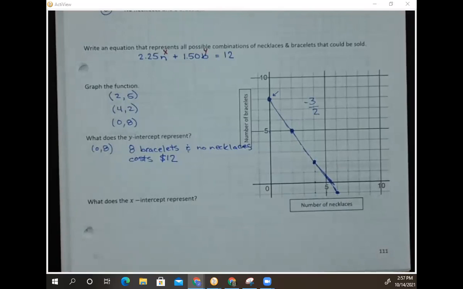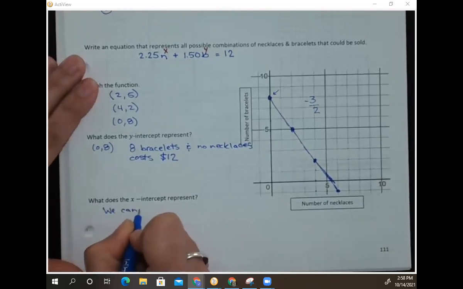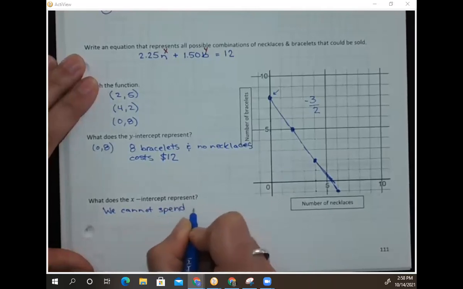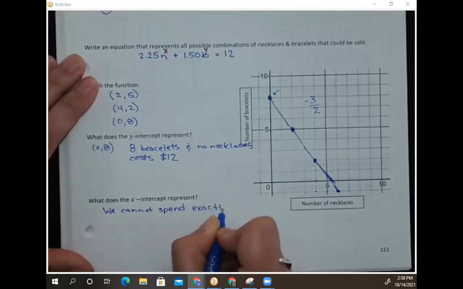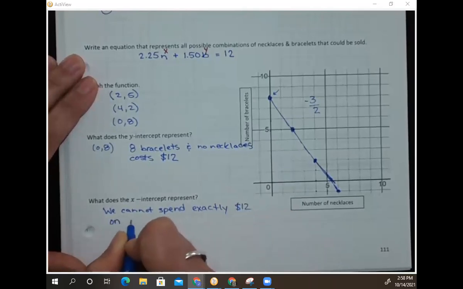So what does that tell me? Can I spend exactly $12 on only necklaces? No, right? Because I'm in between 5 and 6. So we cannot spend exactly $12 on only necklaces.